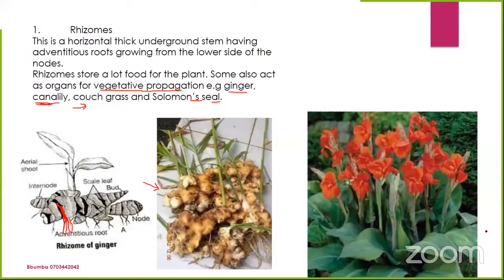Okay. So let me pick another person. There's Stephen. Yes, Stephen. When I ask you to unmute, you unmute very fast and you give your contribution.